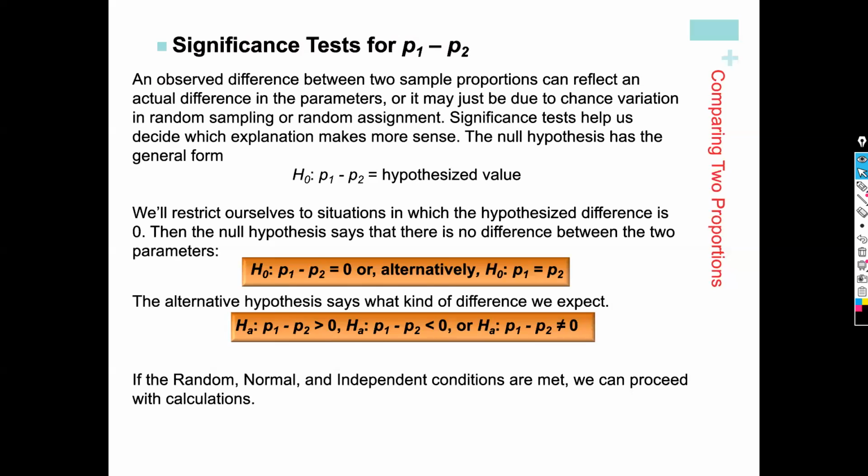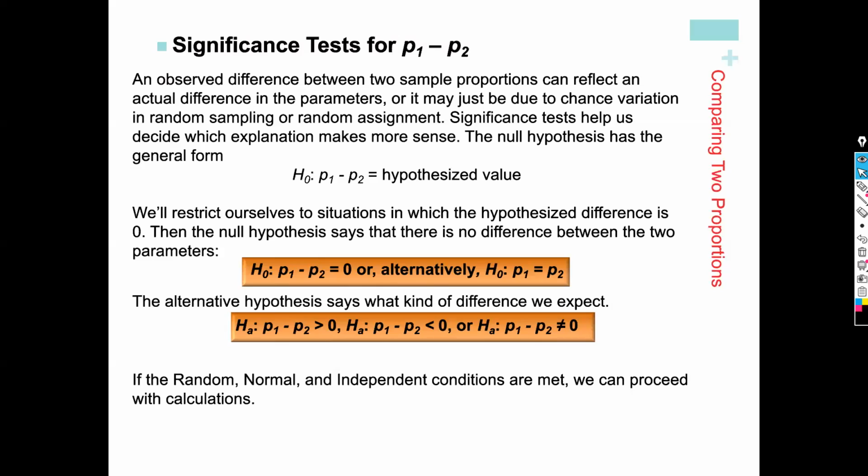Those are saying the same thing. If we subtract P2 from both sides of the equation on the right, then we get the equation on the left. If the two proportions were the same, then if I subtract two numbers that are the same, I should get 0. And then our alternative will give the direction.